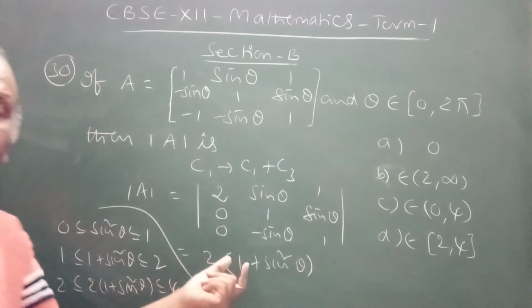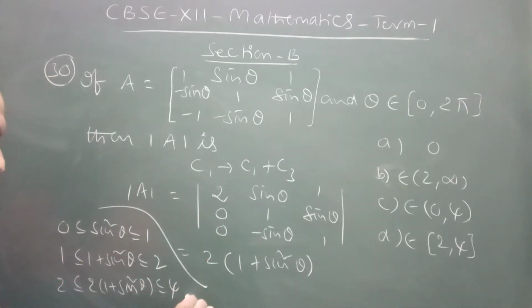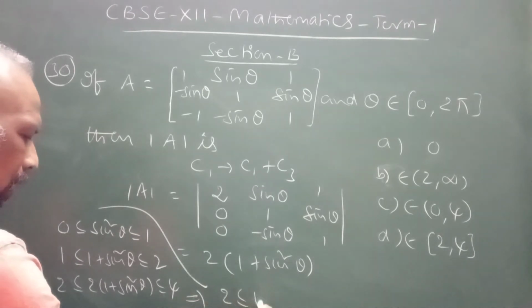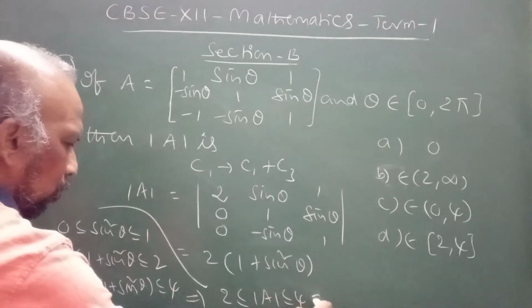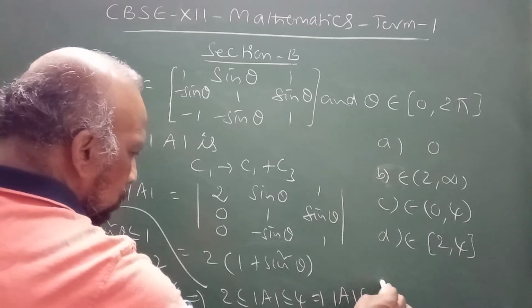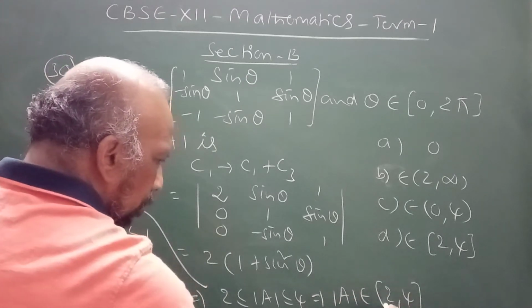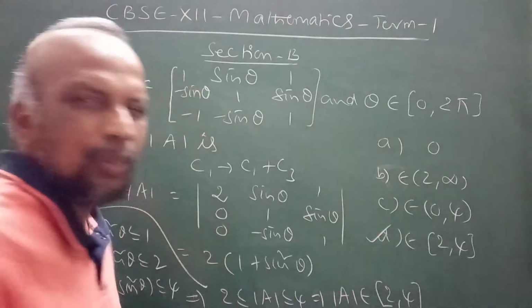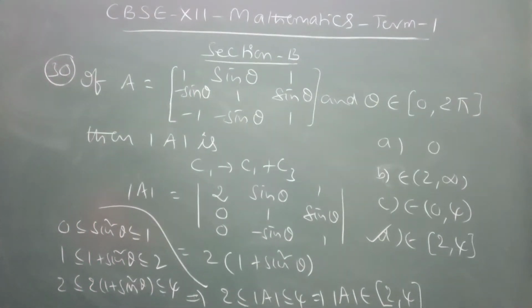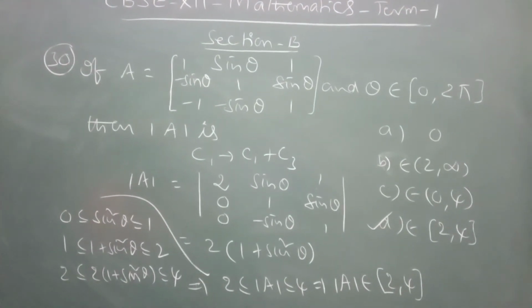From this I can conclude that 2 is less than or equal to det A, which is less than or equal to 4. Det A belongs to the closed interval 2 comma 4. So the fourth option is your answer. It belongs to 2 comma 4.